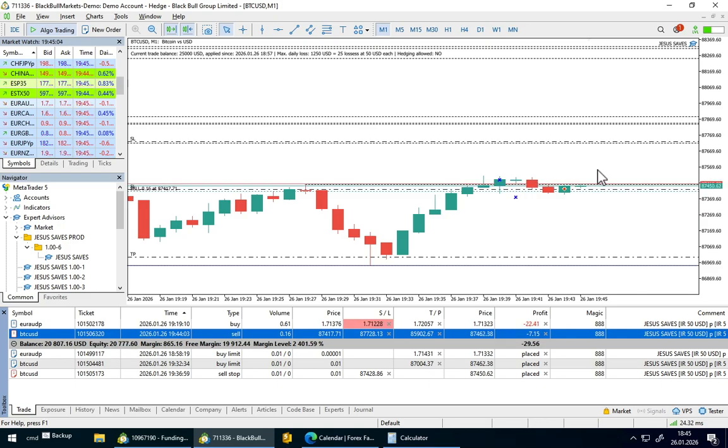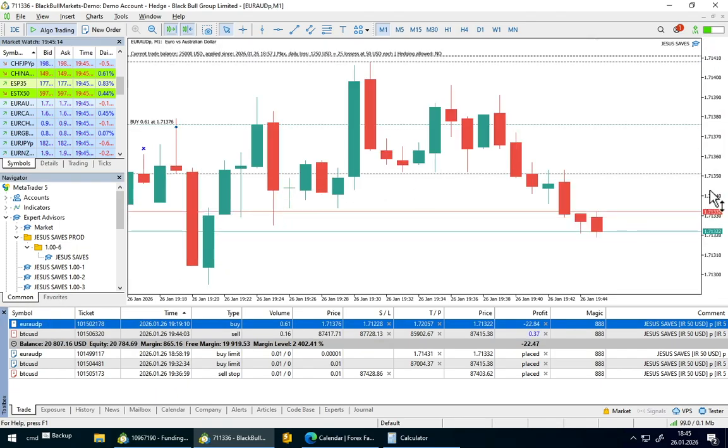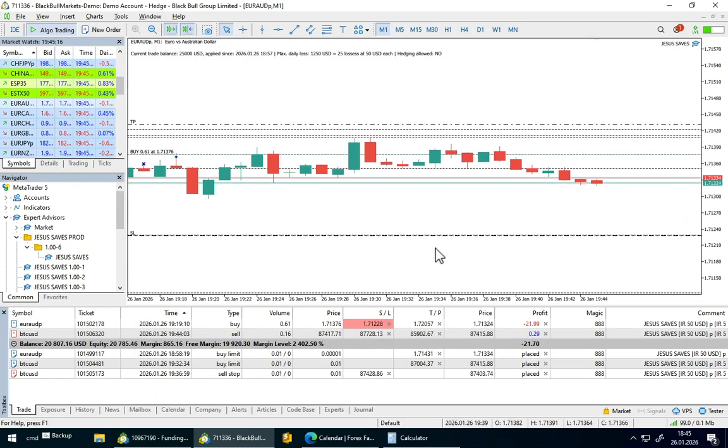Okay, maybe I have to improve it a bit, but you can see the difference when we switch to the euro Australian dollar and look at the stop loss. You can see there's no gap between the level and the stop loss because I'm just going 1 point below the stop loss.